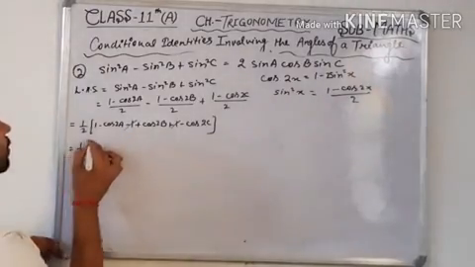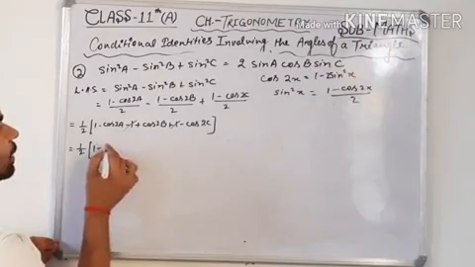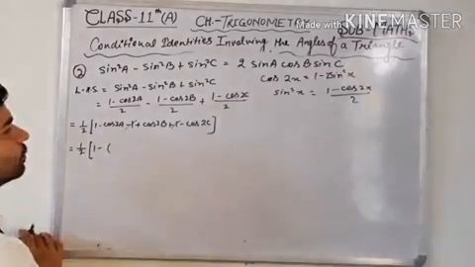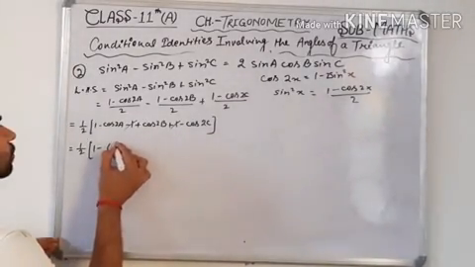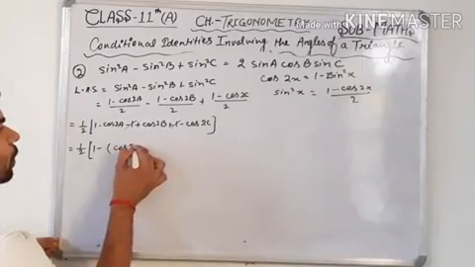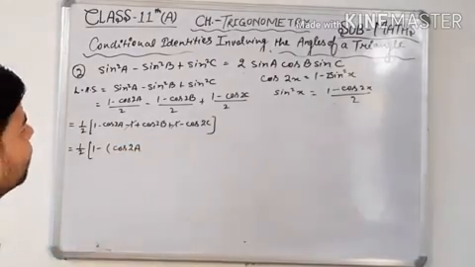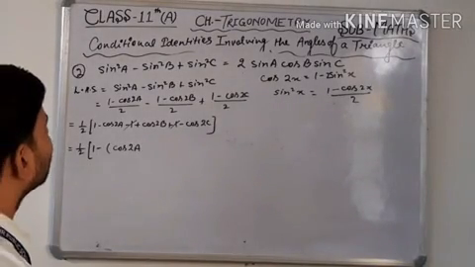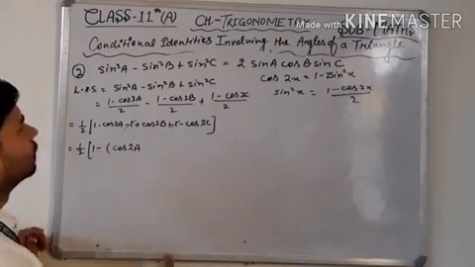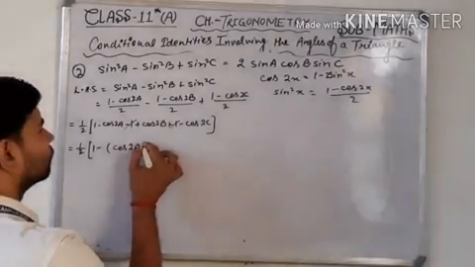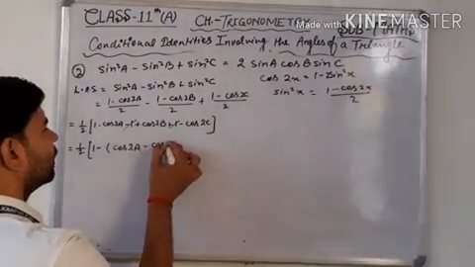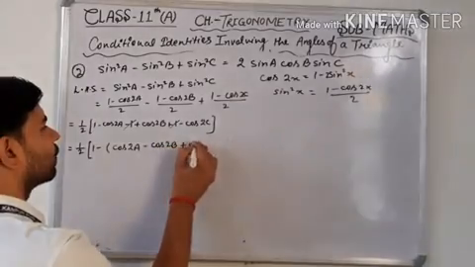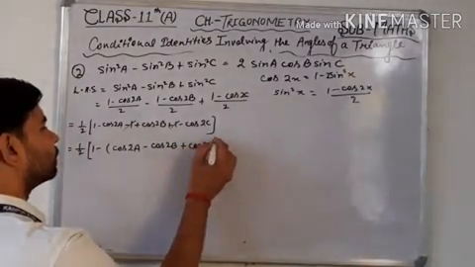Then 1 by 2, 1 minus, taking minus common, we get cos 2a minus cos 2b plus cos 2c.